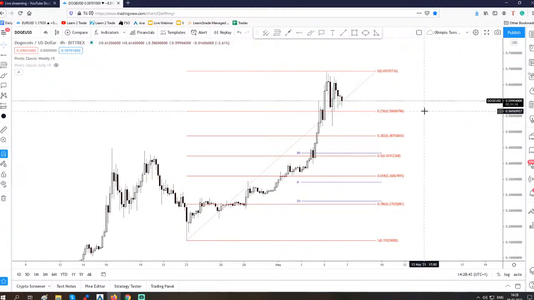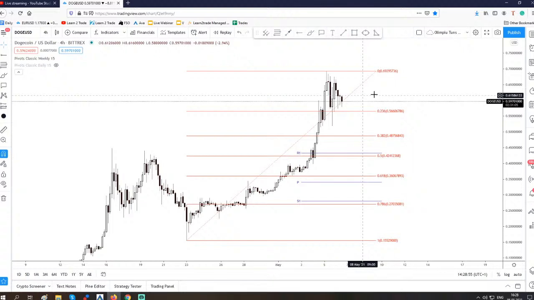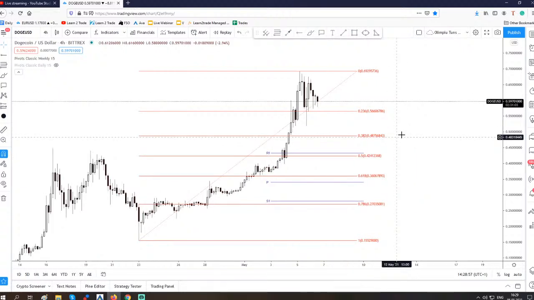So the price failed to stabilize right below the 23.6, signaling that maybe the corrective phase has ended, and maybe in the short term it will move sideways here before jumping higher again.